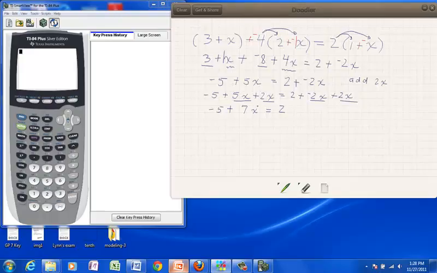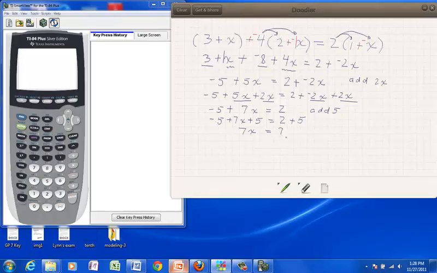So now we're trying to get x by itself and we want to add 5 to both sides to isolate 7x. We'll keep our equation balanced by doing that to both sides. -5 plus 5 goes to 0. So this side is just 7x. 2 plus 5 is 7.